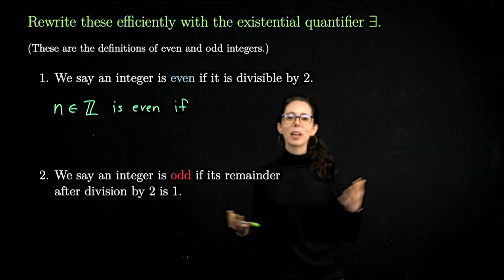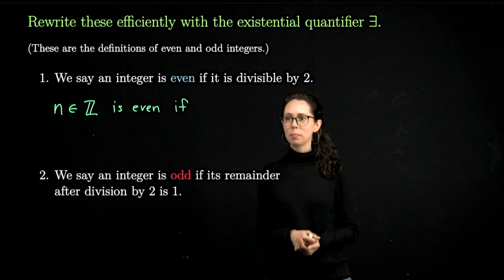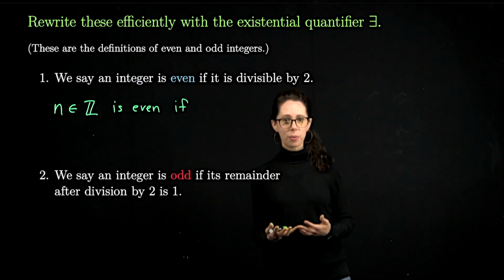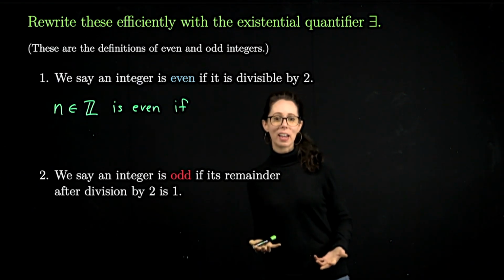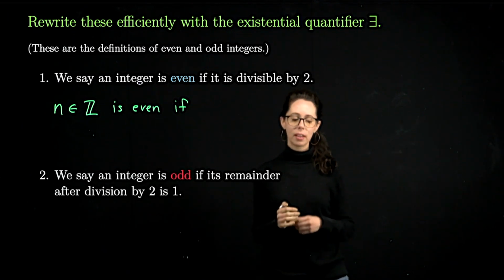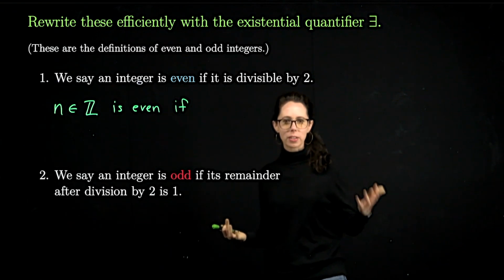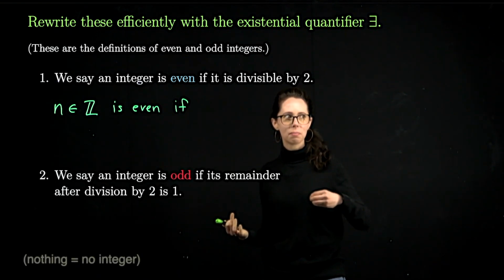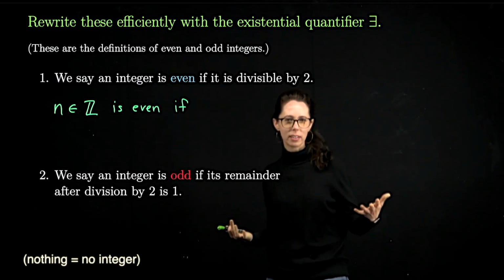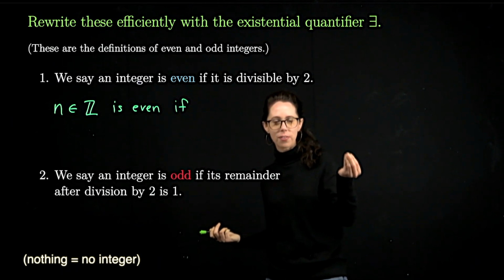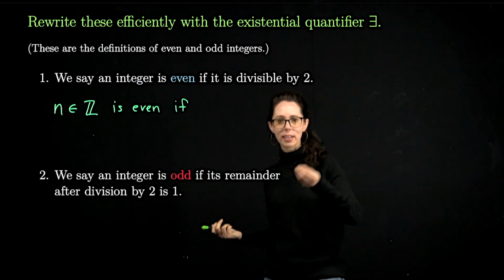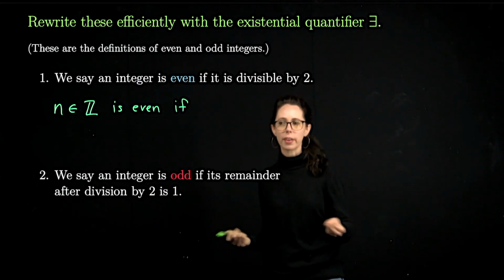Okay, let's just take an even number. How about 18? It's divisible by 2 because 2 times 9 is 18. On the other hand, 37 is not divisible by 2 because 2 times nothing is 37. So it's like the fact that I was able to find 9, so that 9 times 2 is 18, that was what was really special there.